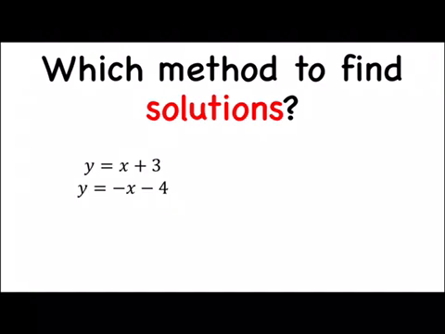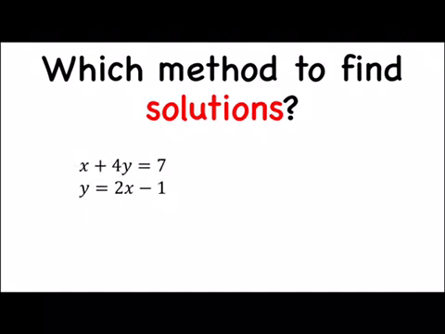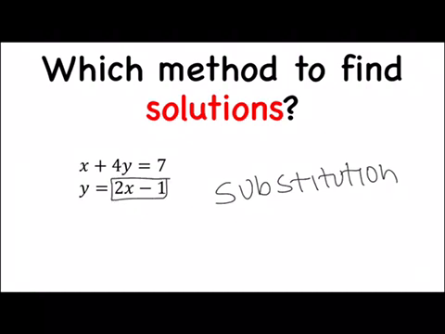Which method? Graphing. Both equations are in y equals mx plus b, or slope-intercept form. Which method? Substitution. The bottom equation's in slope-intercept form, y equals 2x minus 1. So we could plug in 2x minus 1 for y into the upper equation.